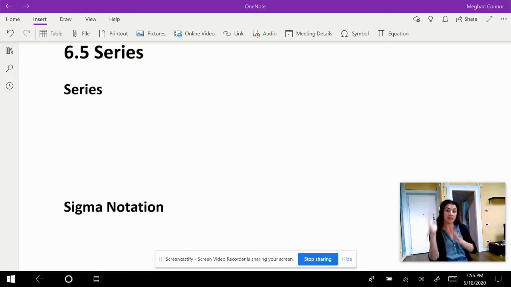In other words, from this term to this term, if we add them all up, how many total is that? And you're going to see in some of our word problems here why we talk about it.